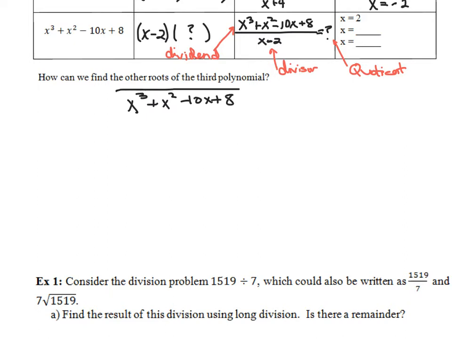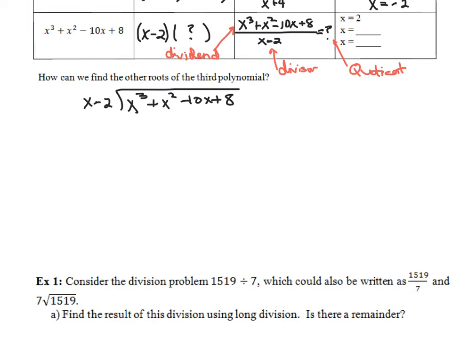And I want to show that I am dividing by x minus 2. Now when we divide with numbers, it's very important where we put the quotient based on what my dividend is. When I'm dividing polynomials, it really doesn't matter where on top I begin my answer, so don't be concerned about that part.